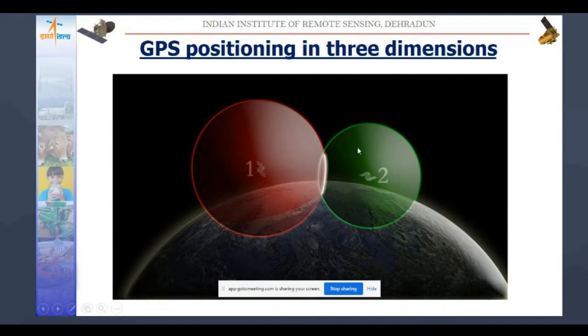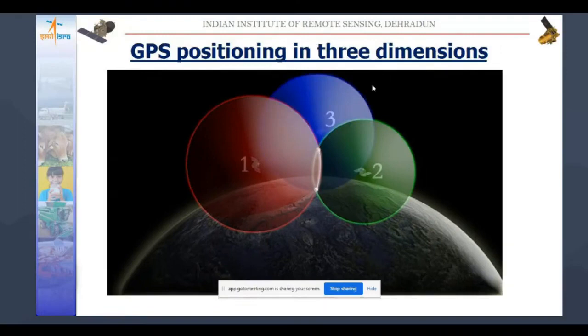Now we take the third satellite, and a similar phenomenon applies there also. The receiver will be lying on the surface of the third sphere as well. Whatever circle came from the intersection of the two spheres will be cut by the third sphere at 2 points.